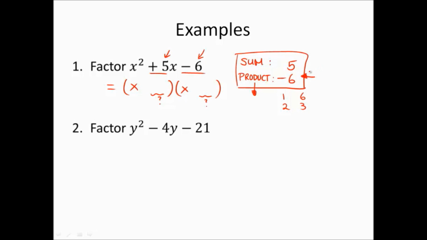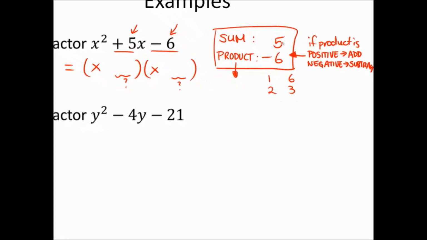So take note here, if your product is positive, you're going to look at adding your two numbers to get your sum. If your product is negative, you're going to look at subtracting your two numbers to get your sum.